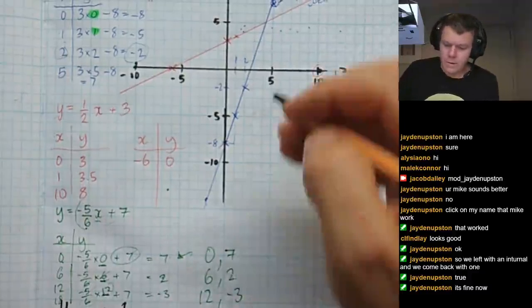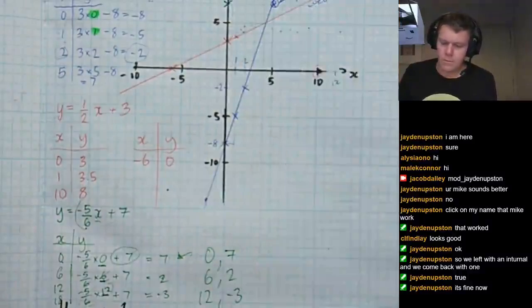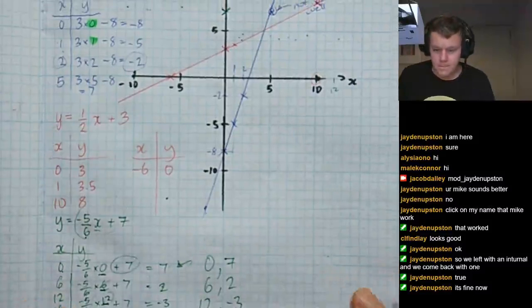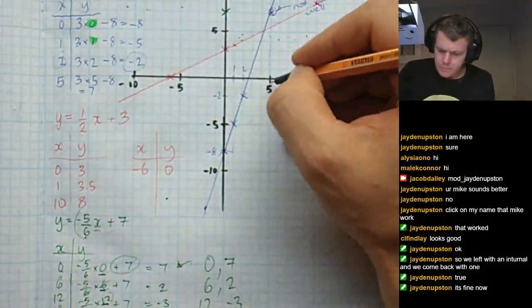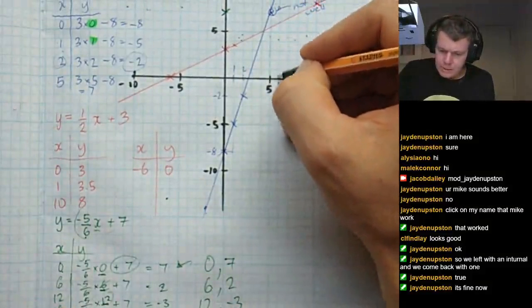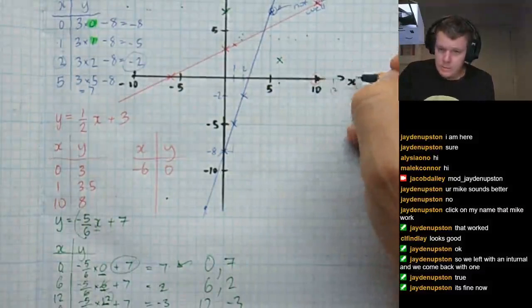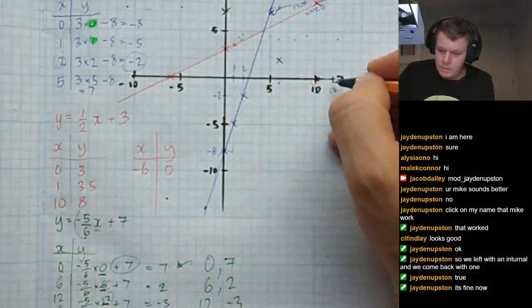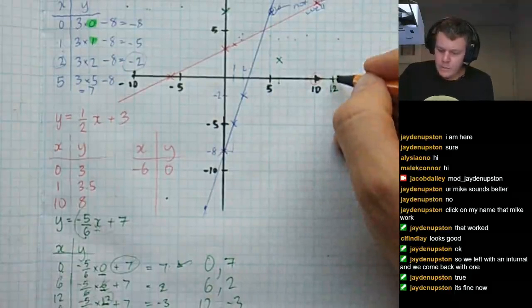So 0, 7, that's where it crosses the y-axis. So here's 6, 2. And I've just gone across to 12 here. There's 12. 12, -3.